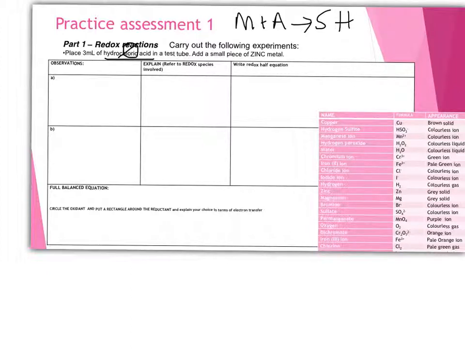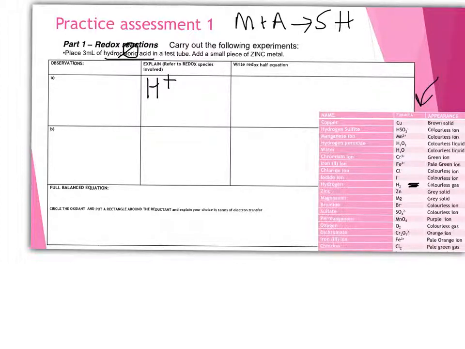We're just worried about the H plus that all acids have. And if you look down this list, what could H plus possibly turn into? The only thing it could turn into is this one here. It's the only one that's got hydrogen on its own.